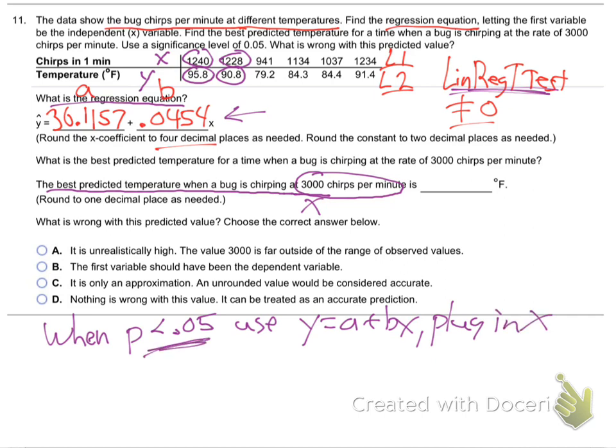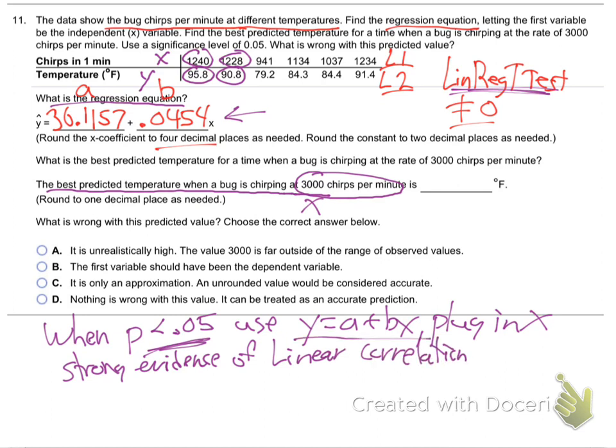Because in that situation, as it says on the notes, there's strong evidence. When the p-value is low, that means strong evidence of a linear correlation. So it makes sense to use the linear equation.